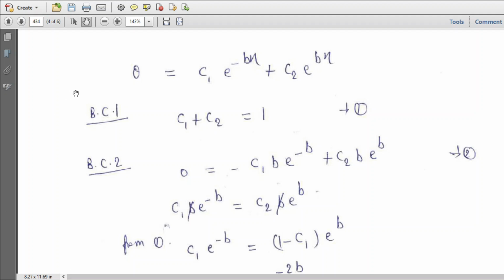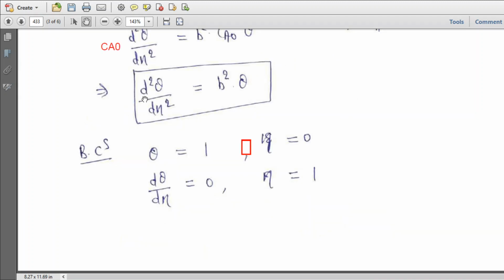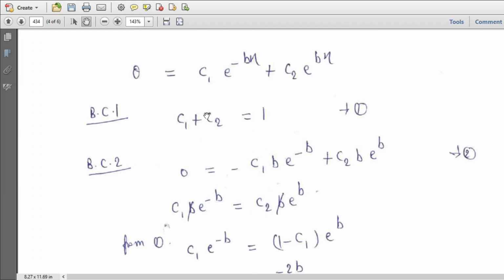Now this is the similarity solutions way. So you have practically this type of equation: d square theta upon d eta square equals b square theta. This type of equation can have a solution like this: theta equal to c1 e to the power minus b eta plus c2 e to the power b eta.